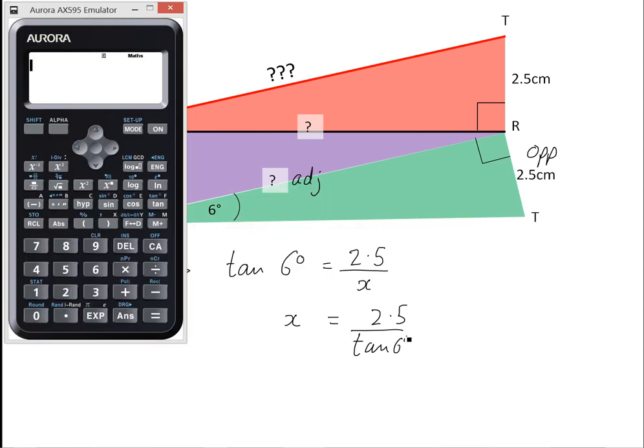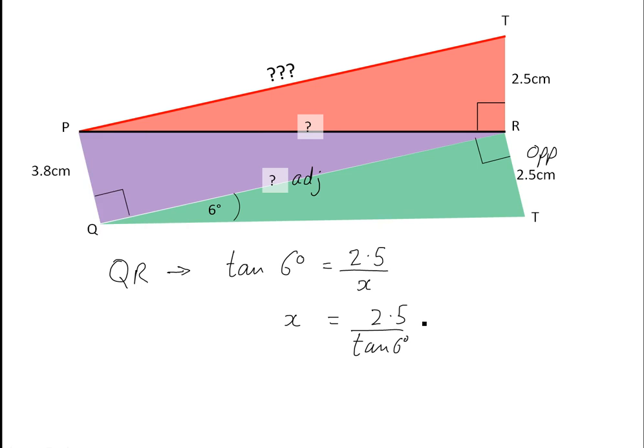Out comes the scientific calculator. So 2.5 divided by tan 6, close brackets, equals 23.8 centimeters to one decimal place.